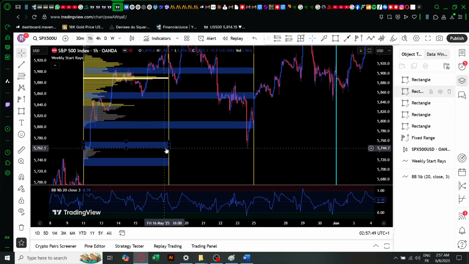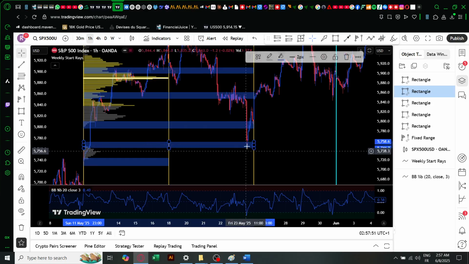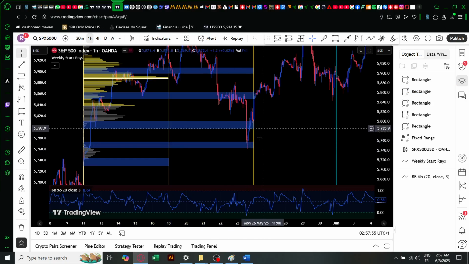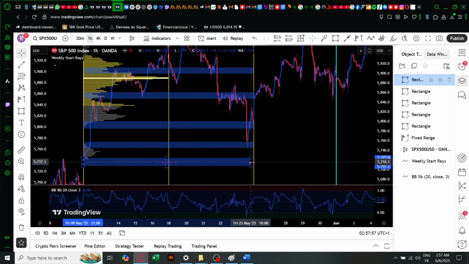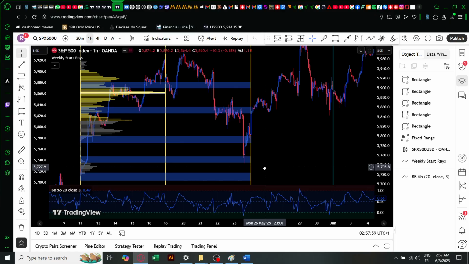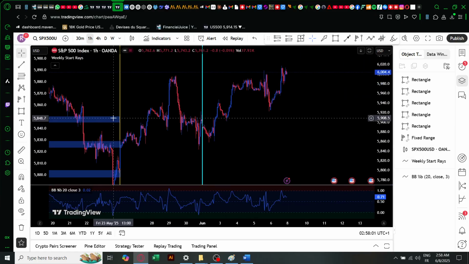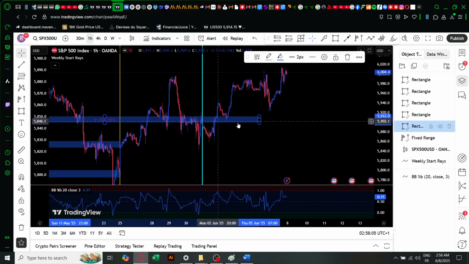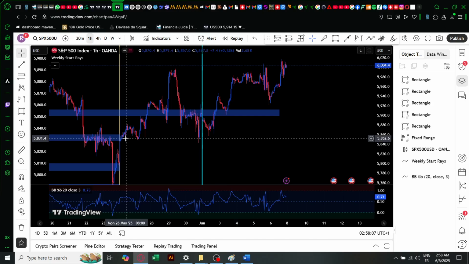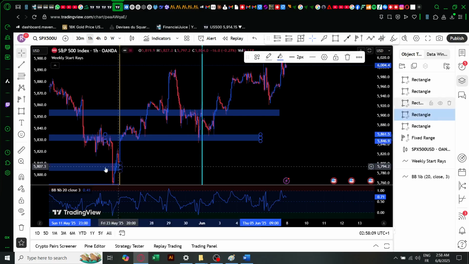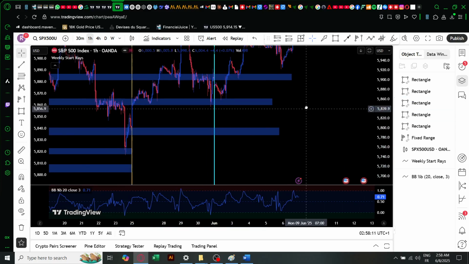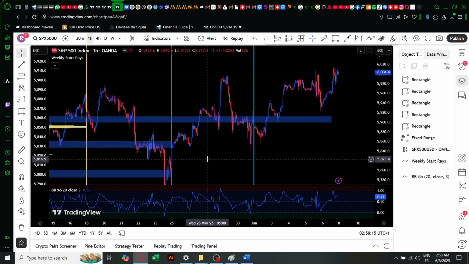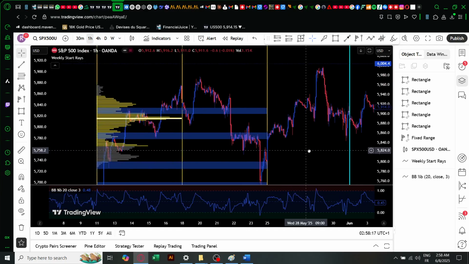You can clearly see that price is reacting to it, and you can see that this reverses. And even if I extend it 1 month, let's say, you can see that price still reacts to those levels. So this is how you can get your very strong key levels or strong support and resistance levels.